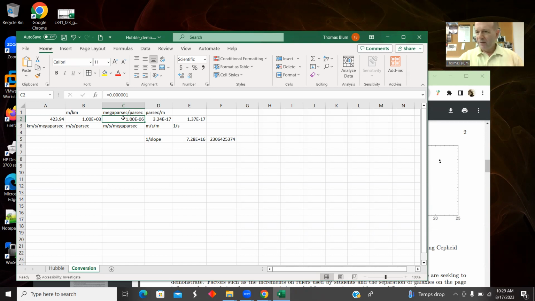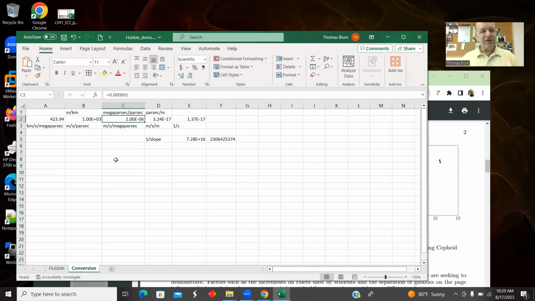Mega is a million, 10 to the 6. But this I want to cancel out. In my conversion, I want megaparsec in the numerator and parsec in the denominator. And so there is a millionth of a megaparsec in a parsec.